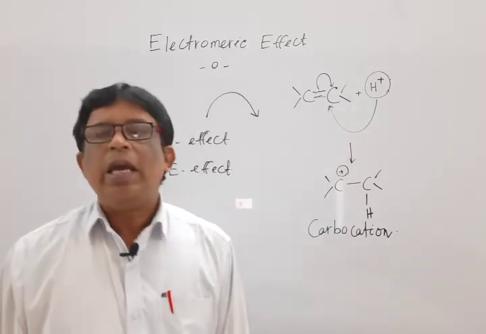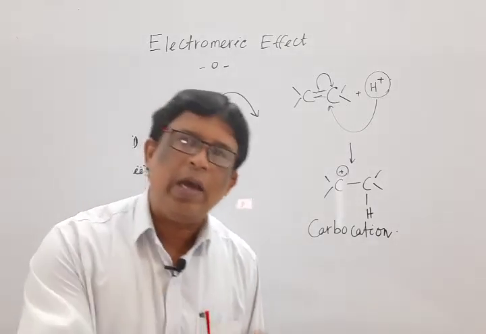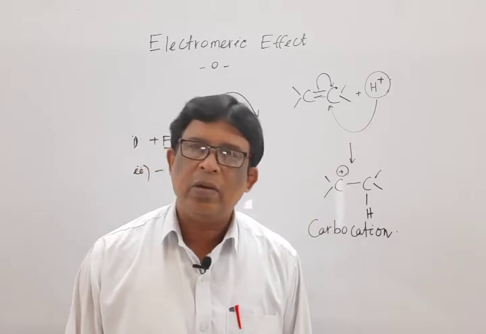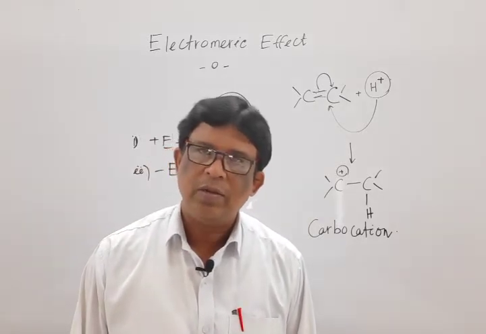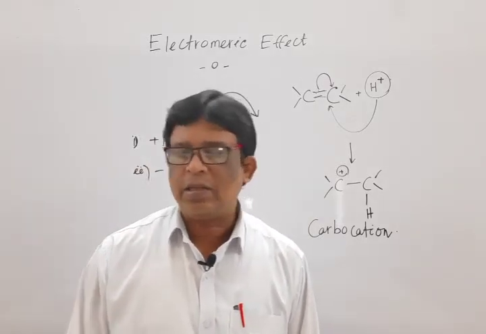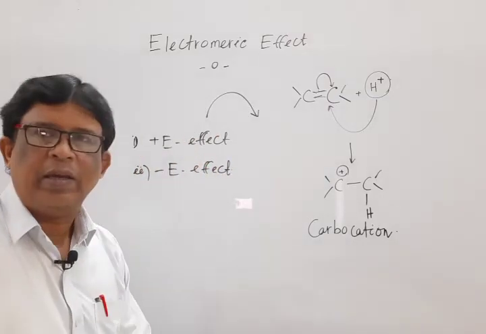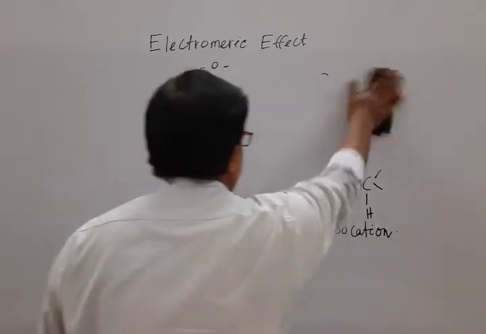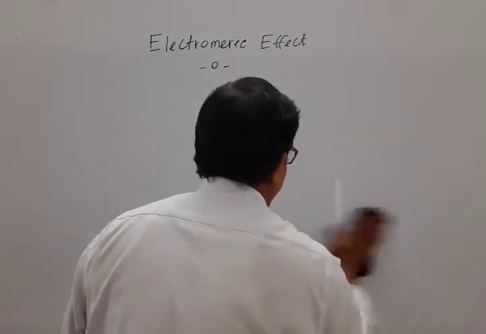On the other hand, if the pi electron cloud moves away from the atom to which the attacking reagent attacks, that is known as minus E effect. Let us discuss each by giving a suitable example.